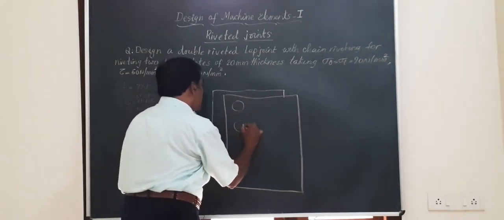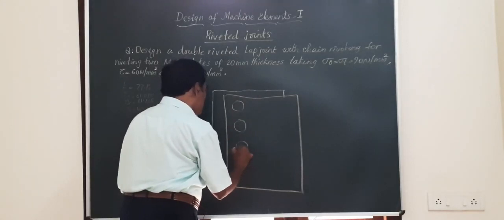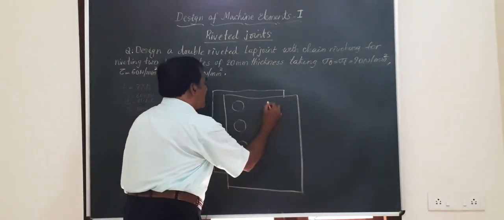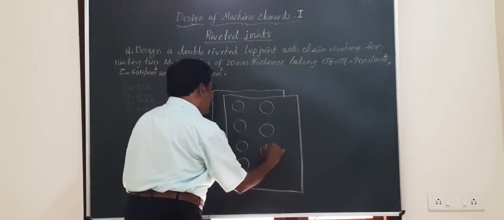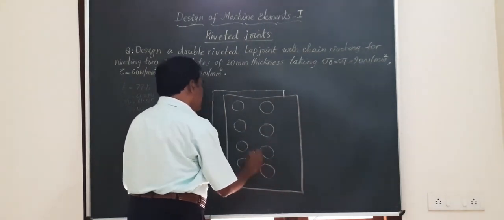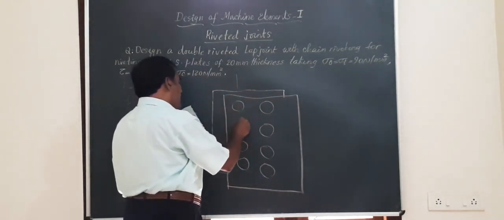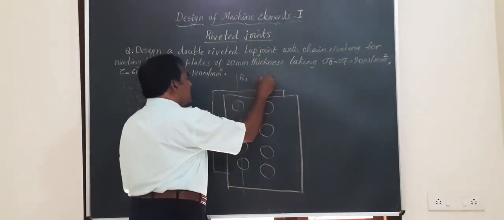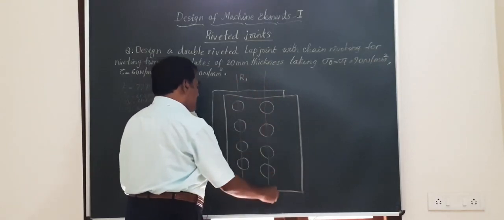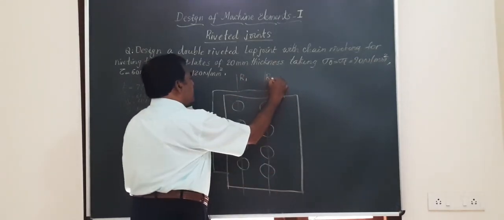In the first row we have 1, 2, 3, 4; we can take some number of rivets. It is a chain arrangement, so in the second row the rivets are placed adjacent to those in the first row. I call this row 1, or R1, and this is the second row of rivets that I call R2.